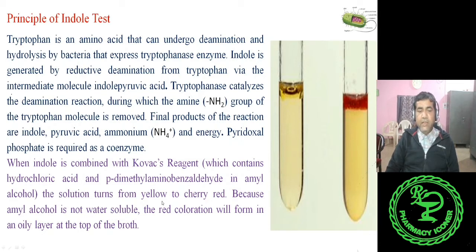The solution is yellow before the reaction. Gradually it will become cherry red, because amyl alcohol is not soluble in water. So the red coloration will form in the oily layer. It is floating. That is why it is easy to distinguish.